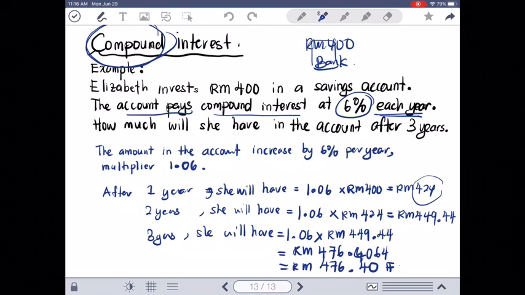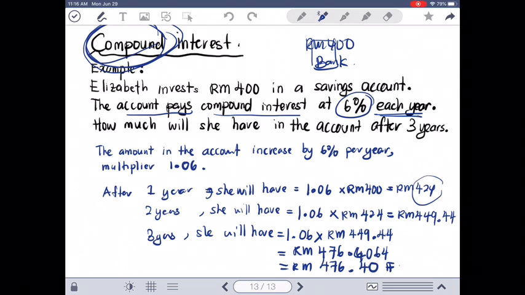So after 3 years, even though she put 400 ringgit in the account, because of the 6% compound interest, by the end of the 3rd year she will have an extra 76 ringgit. That is if you put 400 ringgit.